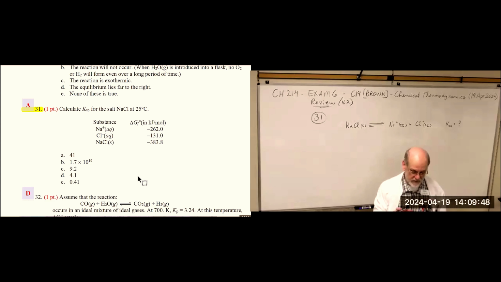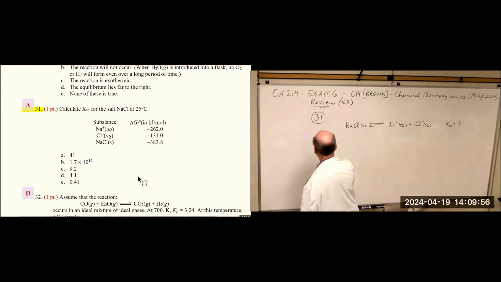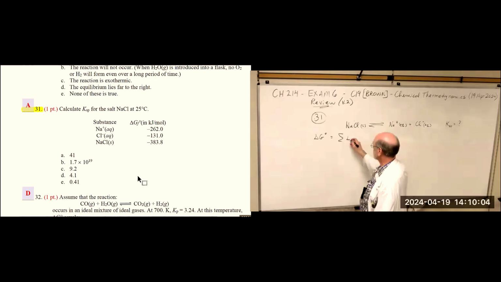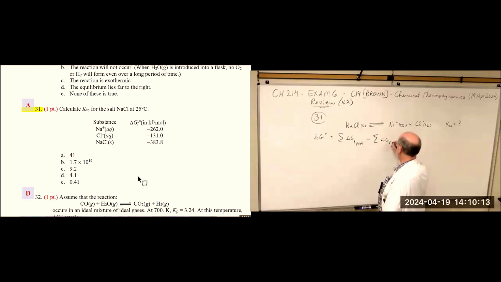All right. The data we're given here is only delta G. So we can use the relationship here. The delta G for this reaction under standard conditions would be the sum of the delta G's of formation for the products minus the delta G for the reactants.